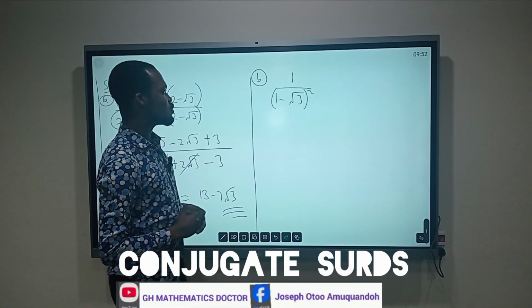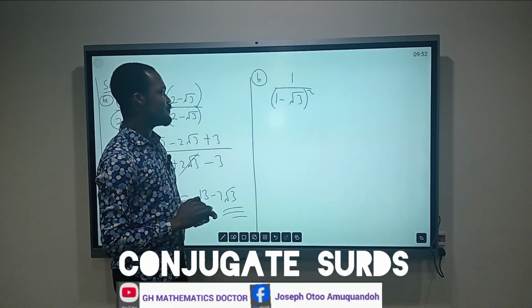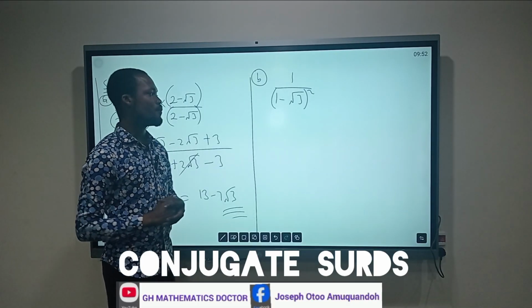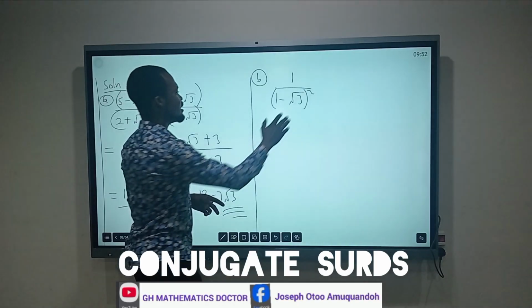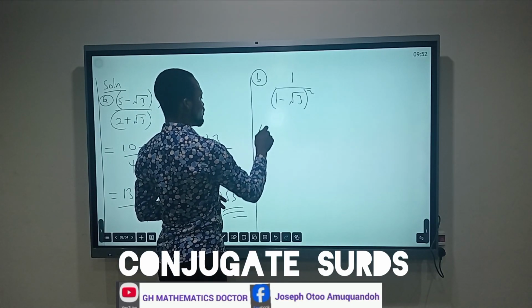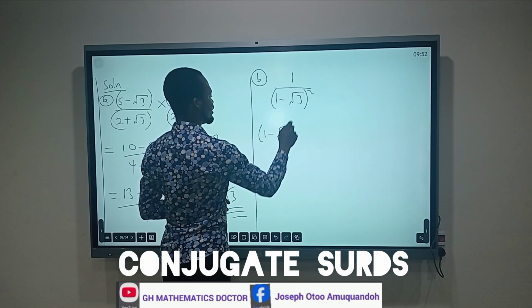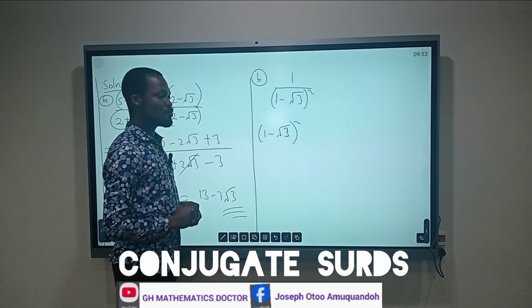We can't conjugate whilst we have exponents attached to the denominator. So you need to solve to get a linear form, then we can further work to conjugate. So over here, we need to solve for the denominator, and that will be 1 minus root 3 squared.